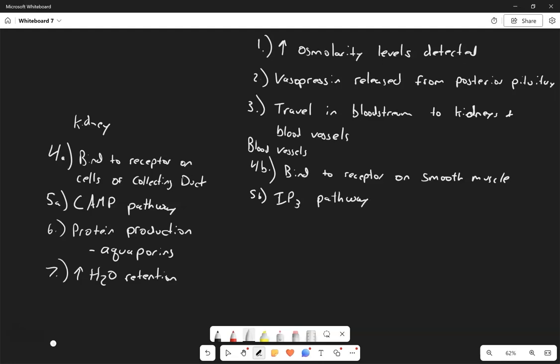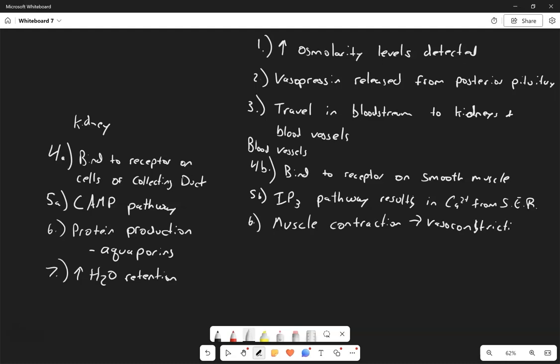The IP3 pathway is going to result in calcium release from the smooth ER, and that is going to lead to smooth muscle contraction. That smooth muscle contraction is going to decrease the diameter of the tubes and cause what we refer to as vasoconstriction. And when vasoconstriction happens, it will result in an increase in blood pressure.